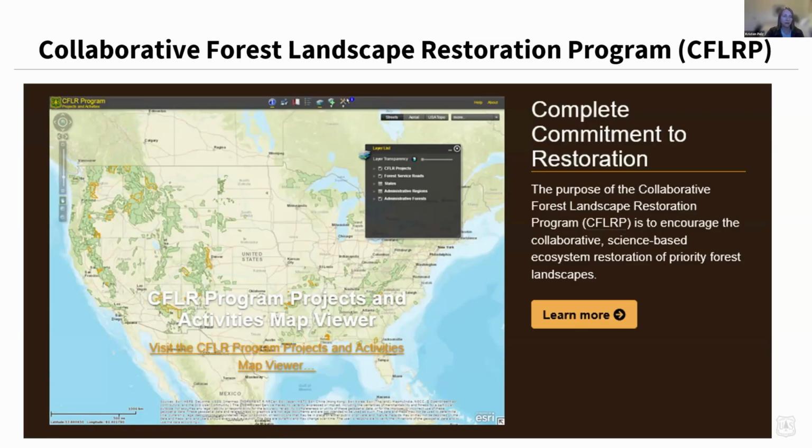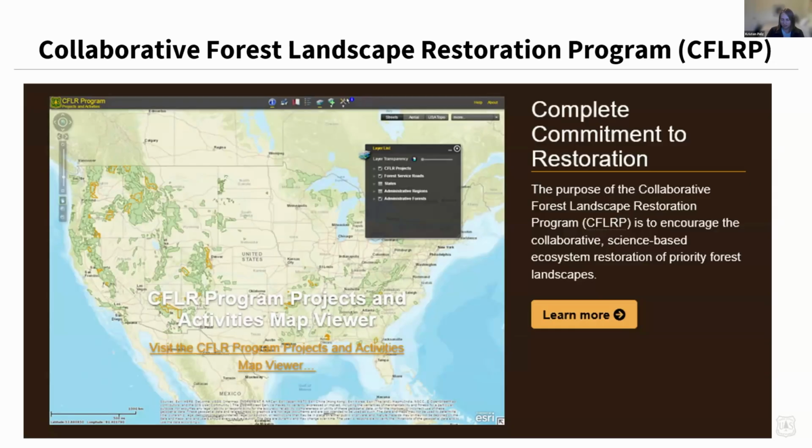A few things are also worth noting about this program relevant to the monitoring needs. The program is supposed to, quote unquote, leverage local resources with national and private resources. By using FIA data, we're really leveraging this national resource. It's also really focused on facilitating the reduction of wildfire negative effects through trying to reestablish appropriate fire regimes.